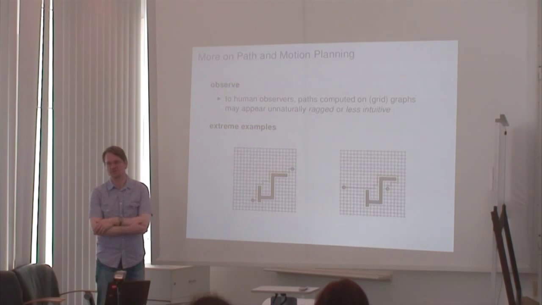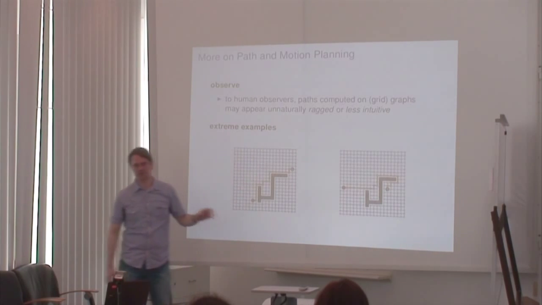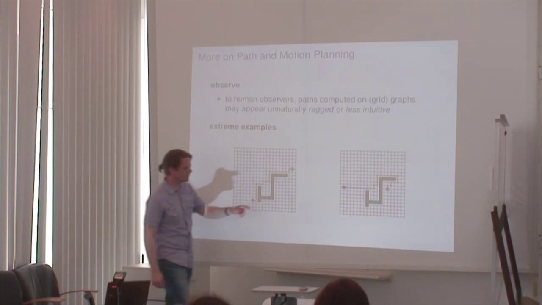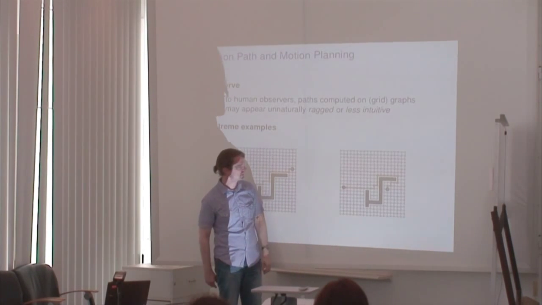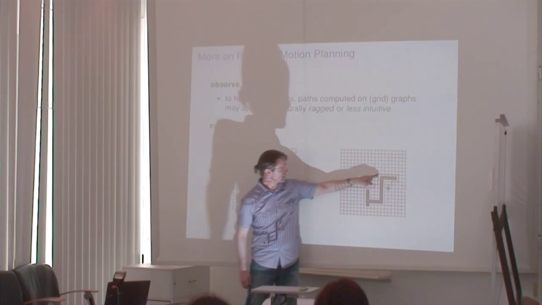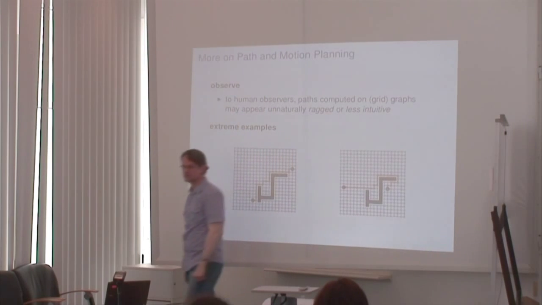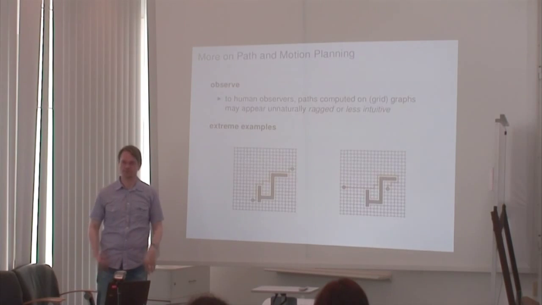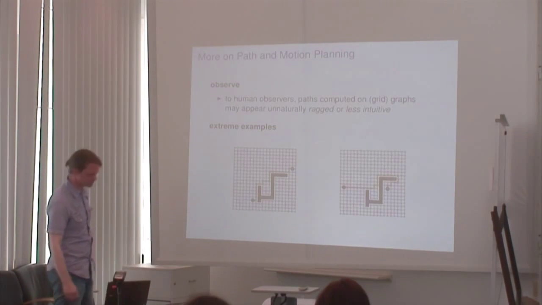As a human player, this is not how we would walk from here to there, most likely not. Most likely, in this example, we would run with our human-controlled game character from here to there, and then from here to there, and there, and there. So definitely not like these Manhattan block-like paths with right angles, and this is not really intuitive.